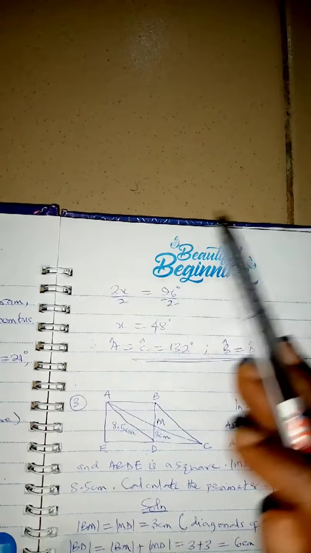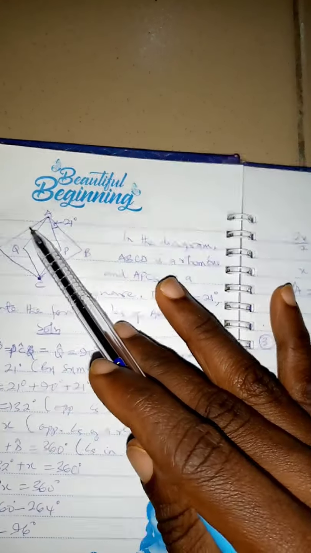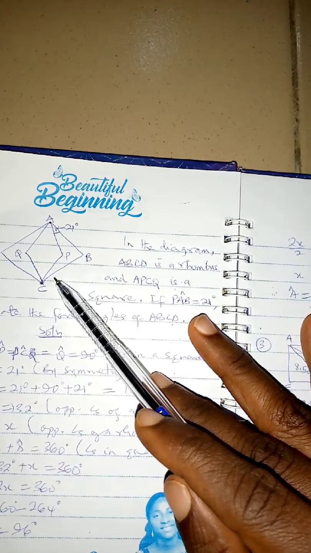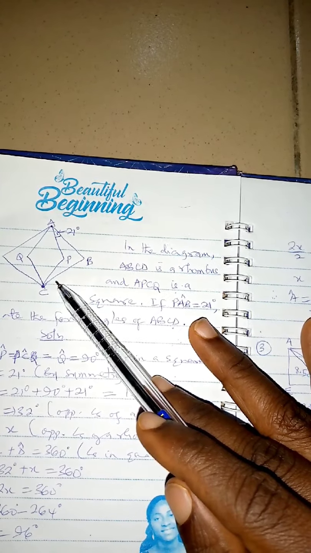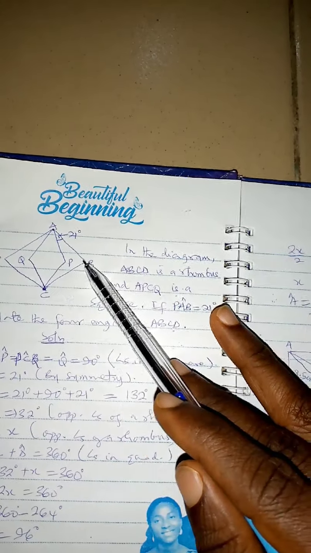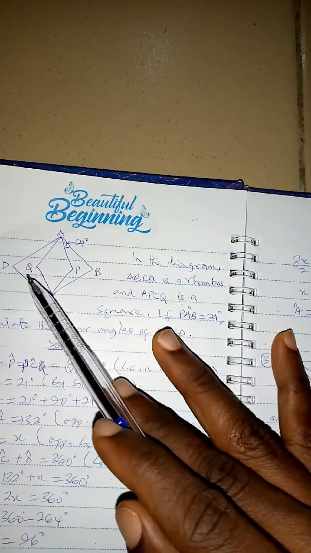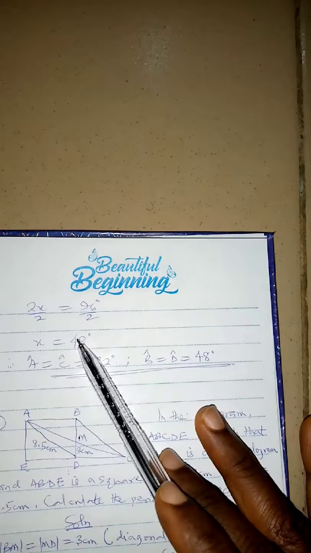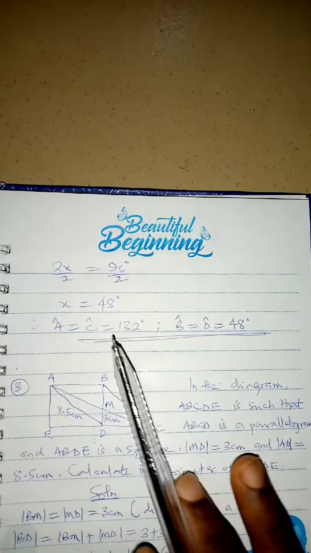Therefore, angle A is the same as angle C, which is 132 degrees. Angle B is the same as angle D, which is x, and x is 48 degrees. So this is how you get your angles.